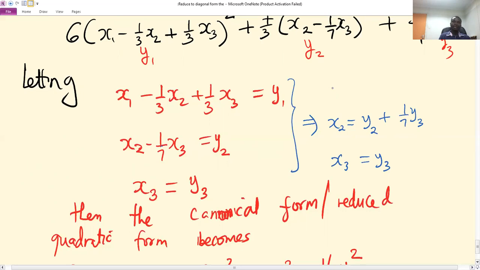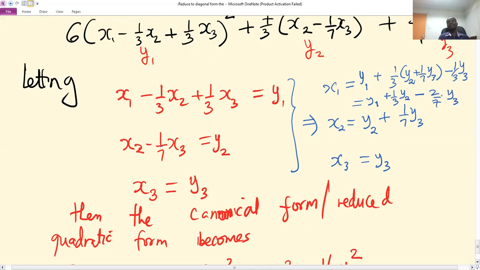And then x1 will be y1 plus a third into y2 plus 1/7 y3, and then minus a third y3. Replacing the value of x3 by y3 and simplifying, you get y1 plus a third y2 minus 2/7 y3. So this is the transformation between the x variables and the y variables.